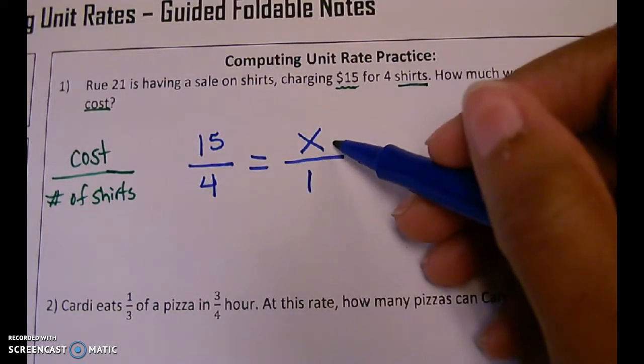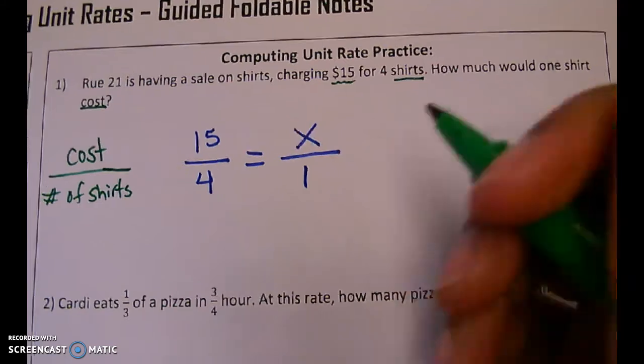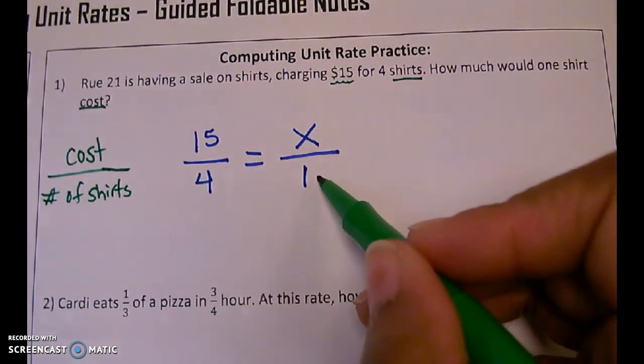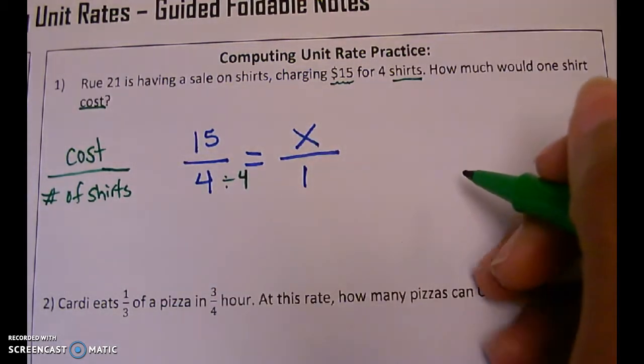I don't know how much 1 shirt will cost now, so I'm going to represent that using the variable x. Okay? Now I need to find the amount for 1, and in order to do that, I need to solve this rate. So I need to ask myself, what can I divide by 4 in order to end up with 1? And the answer to that is that I can divide by 4.